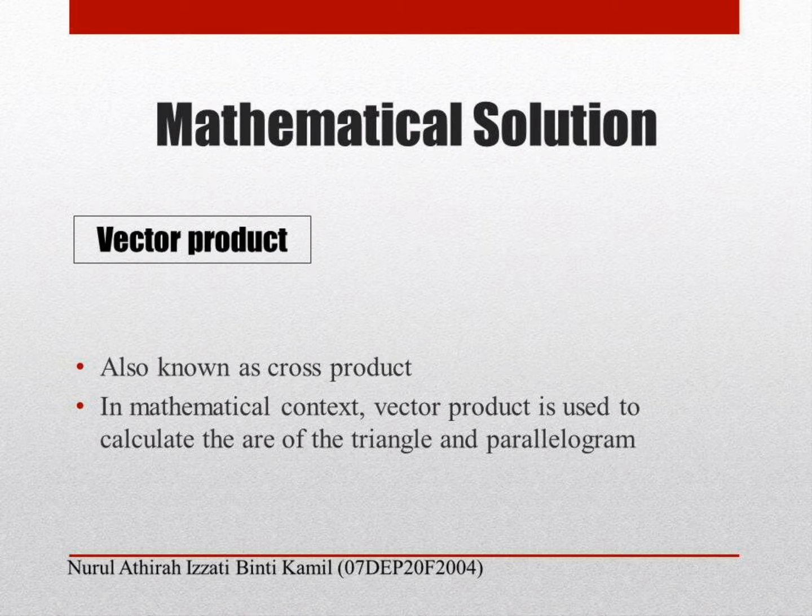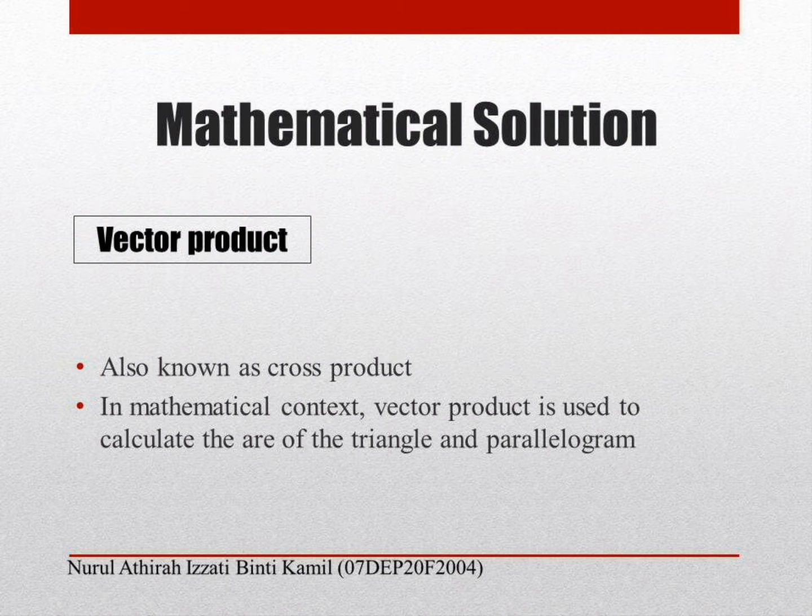Thank you, Hafiz. Now, I would like to present the mathematical solution that has connection with this topic. I want to present vector solution in architecture for the pyramid, but before I do that, I would like to explain the vector product first because it will be used in the solution. Vector product is also known as cross product.